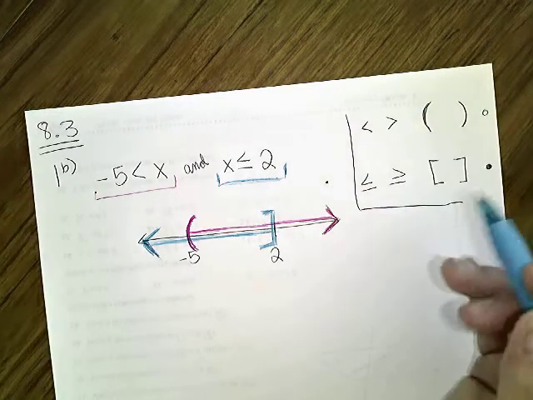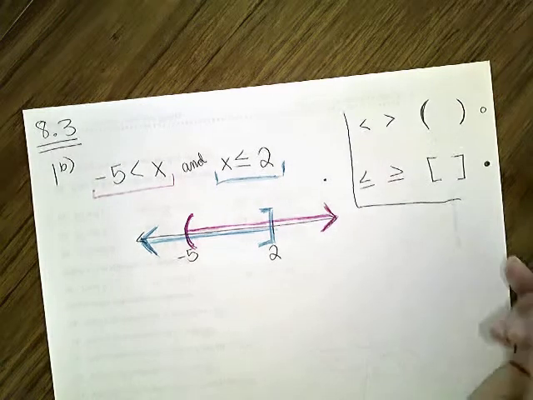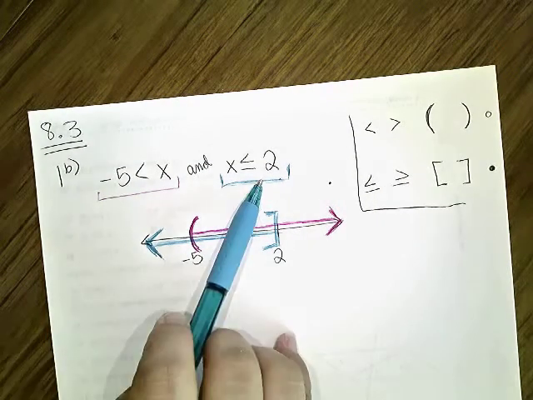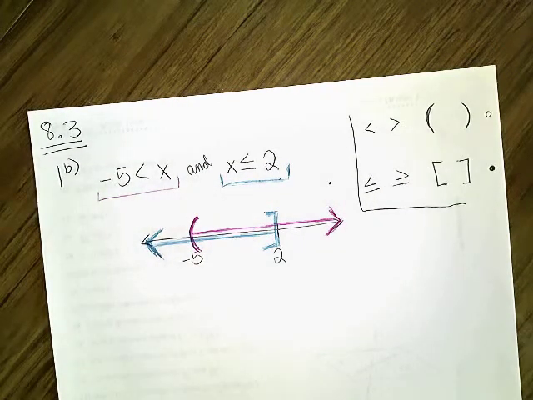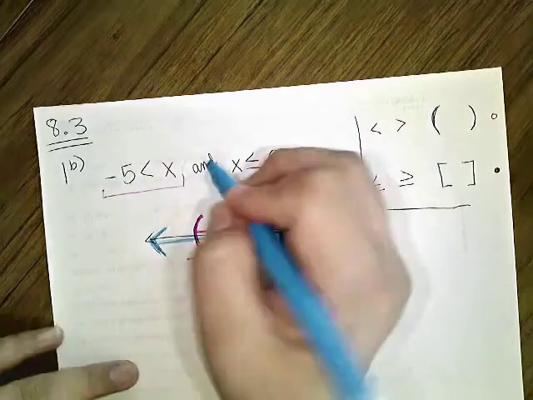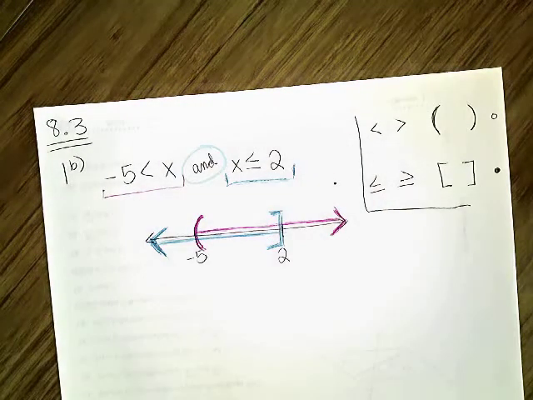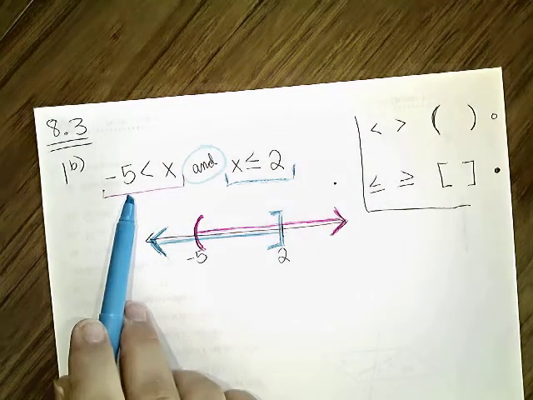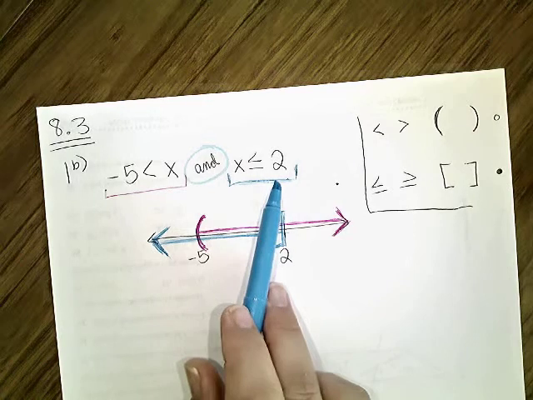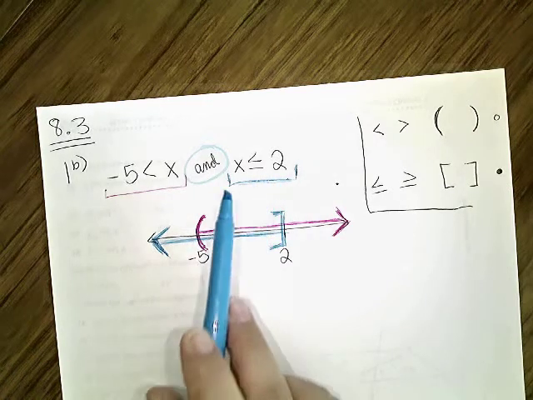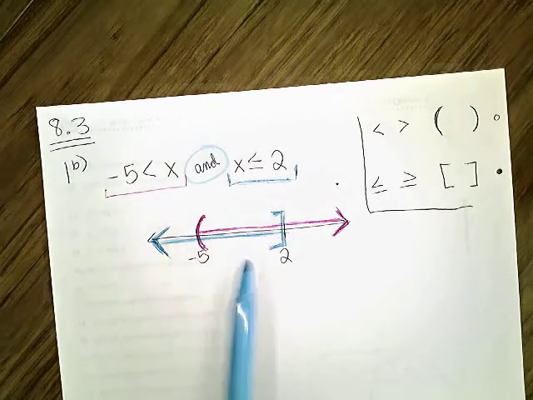Now, although this does represent each of these individual inequalities, since we're doing a compound inequality, we're dealing with "and." So we're saying this has to be true and this has to be true. We want to be able to sum up that situation using this graph.